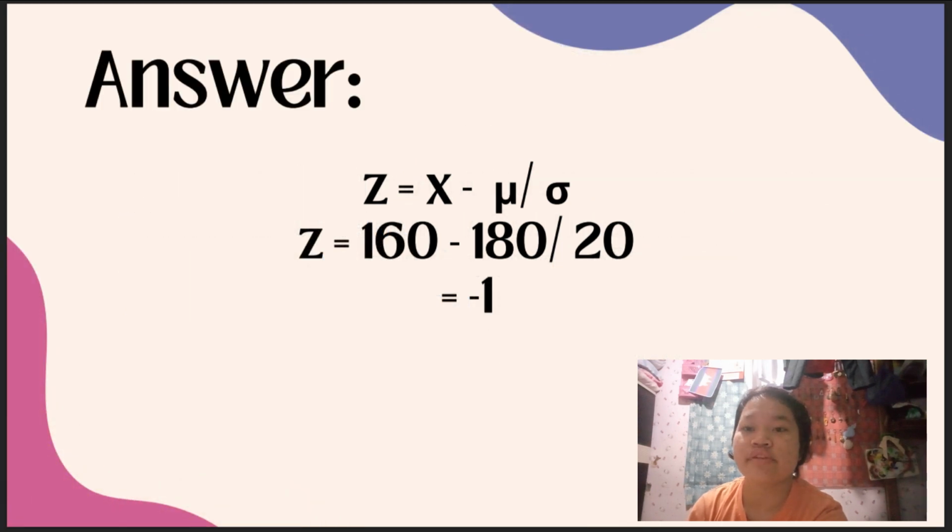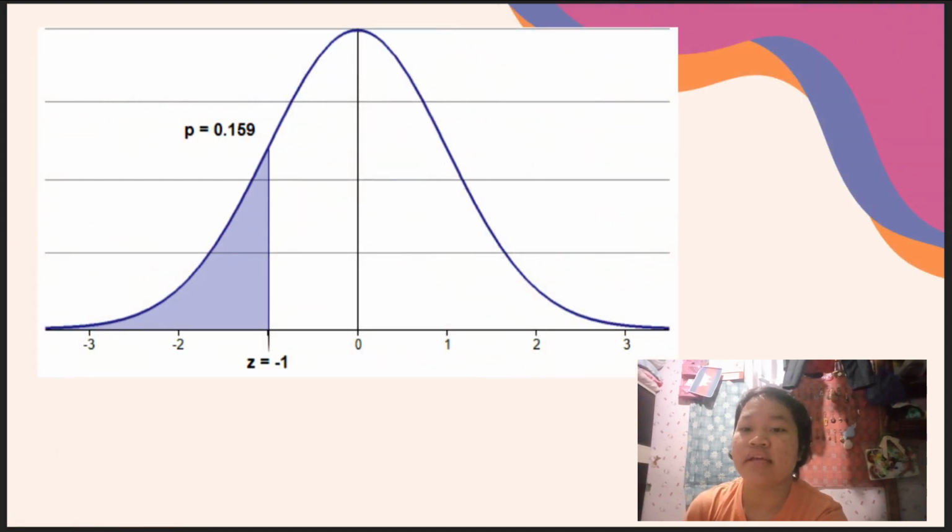So the answer for this problem is z equals 160 minus 180 over 20 equals -1. So using a z-table, the probability corresponding to z equals -1 is approximately 0.1587. So here is the bell curve.